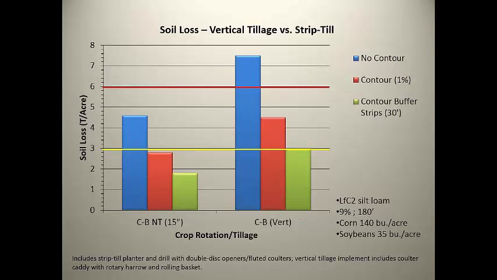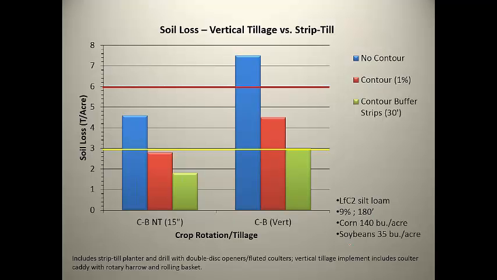Here's a good example of soil loss, vertical tillage system versus a strip till. And if you look here, the corn, soybeans, no-till, 15-inch spacing on the soybeans. The soil type with a C-phase, silt loam, 9% at 180 feet, and here's my yield.